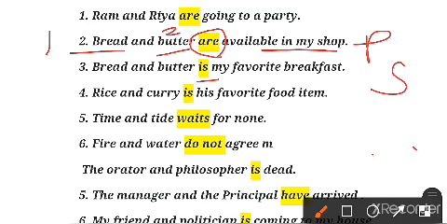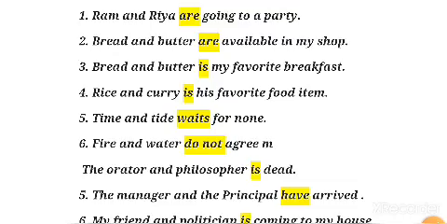But when I talk about bread and butter is my favorite breakfast, bread and butter becomes a singular subject because we use bread with butter, not separated. We do not just take butter or bread simply in our breakfast. So that is why the first sentence points out two different individual subjects, and the second points out one subject. Clear?